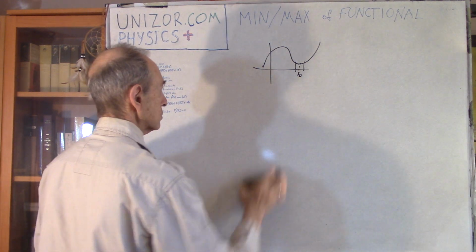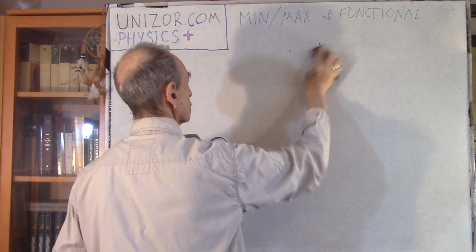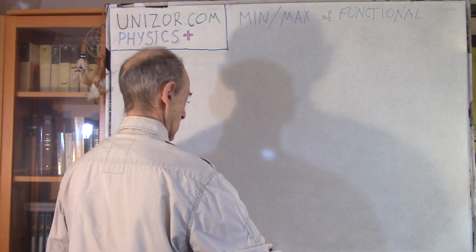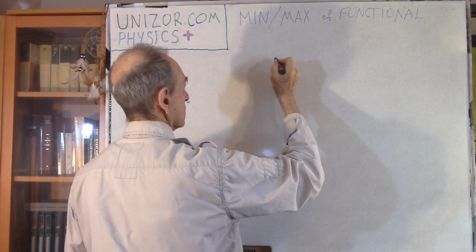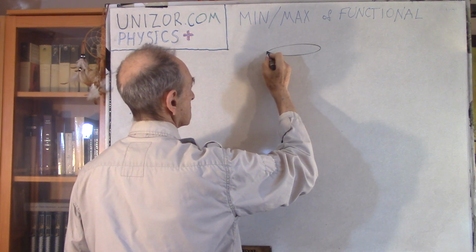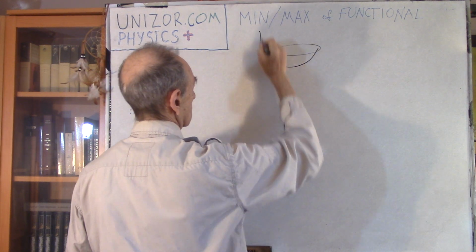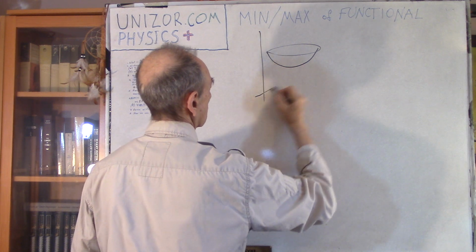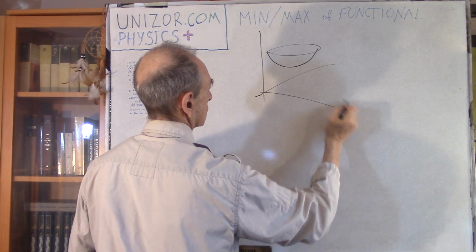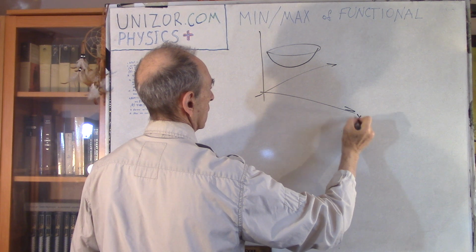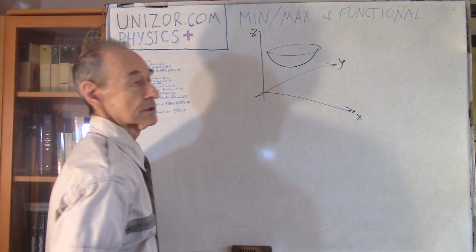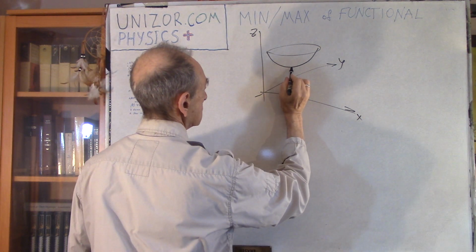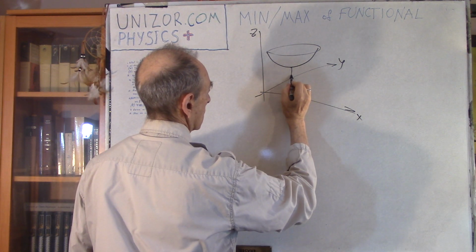Let's say 2. If you have a function of 2 arguments, we can imagine that this is something like this. So this is my three-dimensional x, y, z, and this is kind of a paraboloid, if you wish. Well, this is a local minimum.